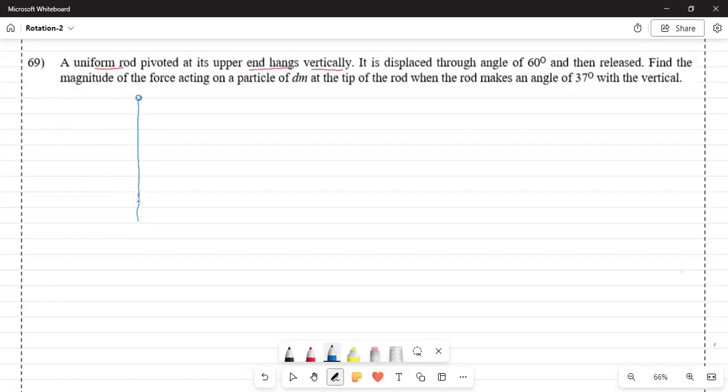Say this is the rod, and it is displaced through an angle of, this angle is more or less 60 degrees, to form an arc here.